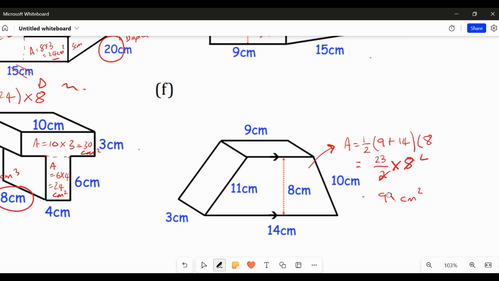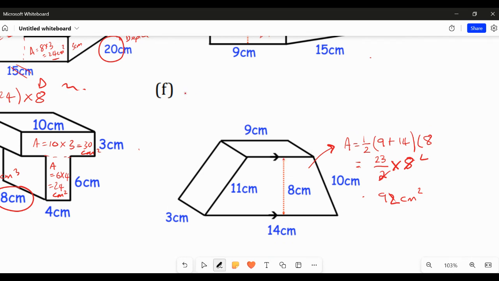Right, 92 centimeters squared. That's going to be the area. Just double check me here. So we've got a half of 9 plus 14 times 8. 9 plus 14 is 23, divided by 2 times 8 comes to 92.